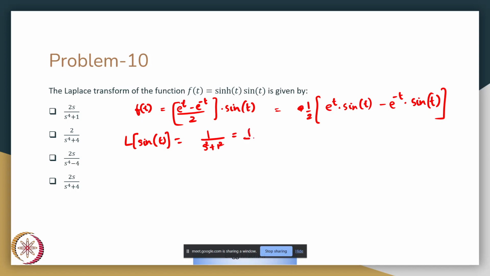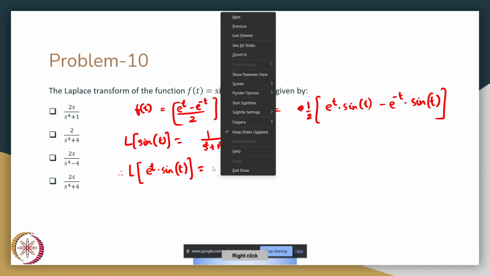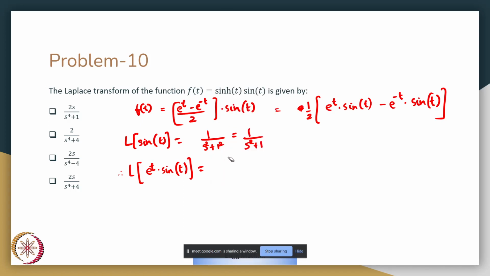Therefore, Laplace transform of e raised to t sin of t would look like integral 0 to infinity e raised to minus st, e raised to t sin of t dt, which is integral 0 to infinity e raised to minus of s minus 1 into t sin of t dt.